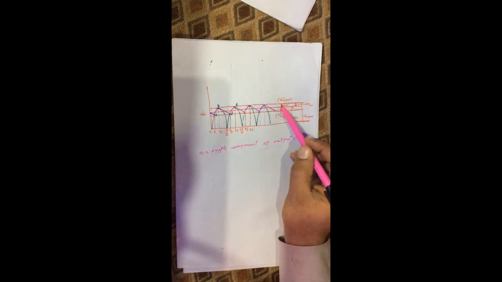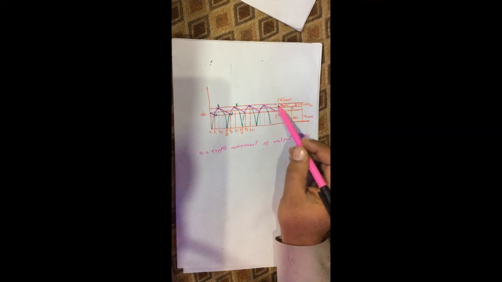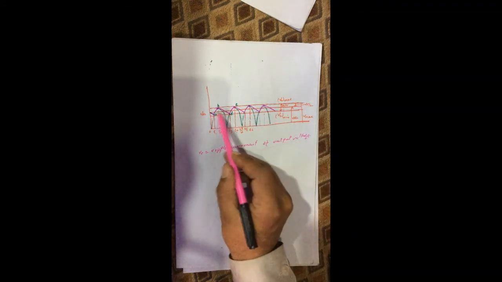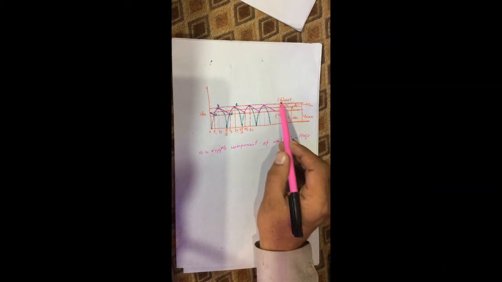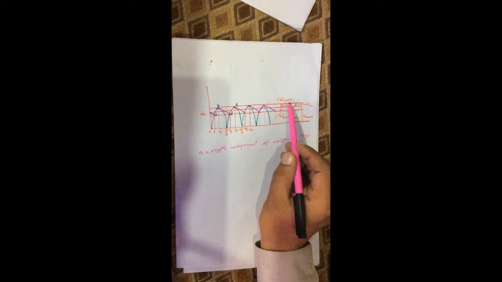So the region between the top and bottom line represents the ripple component after passing through the filter. The central line represents the DC voltage, and the top one represents the maximum value of the voltage across the load resistance. VL means load resistance and maximum means the maximum value of the voltage.